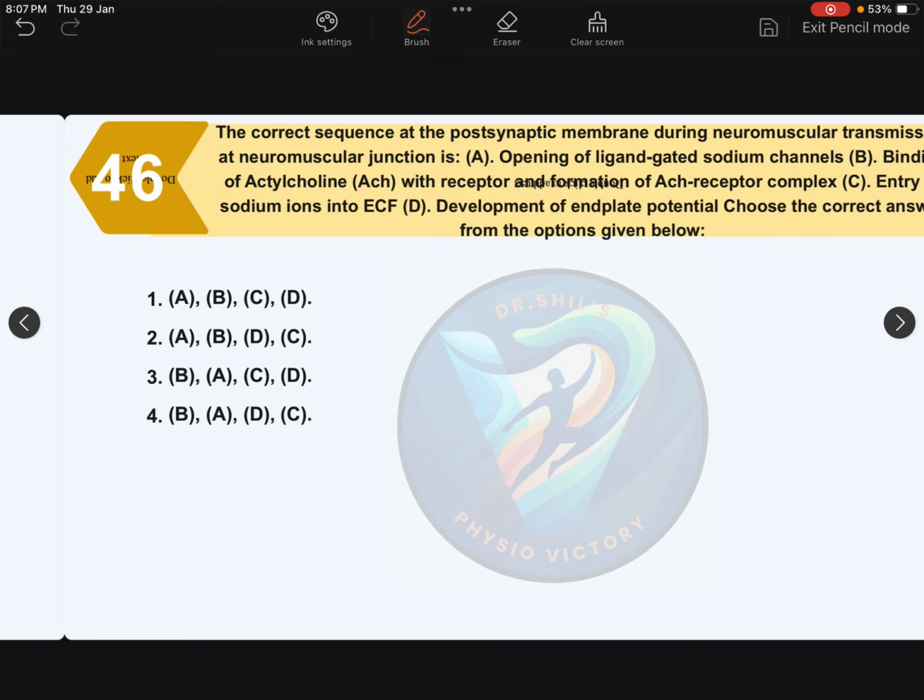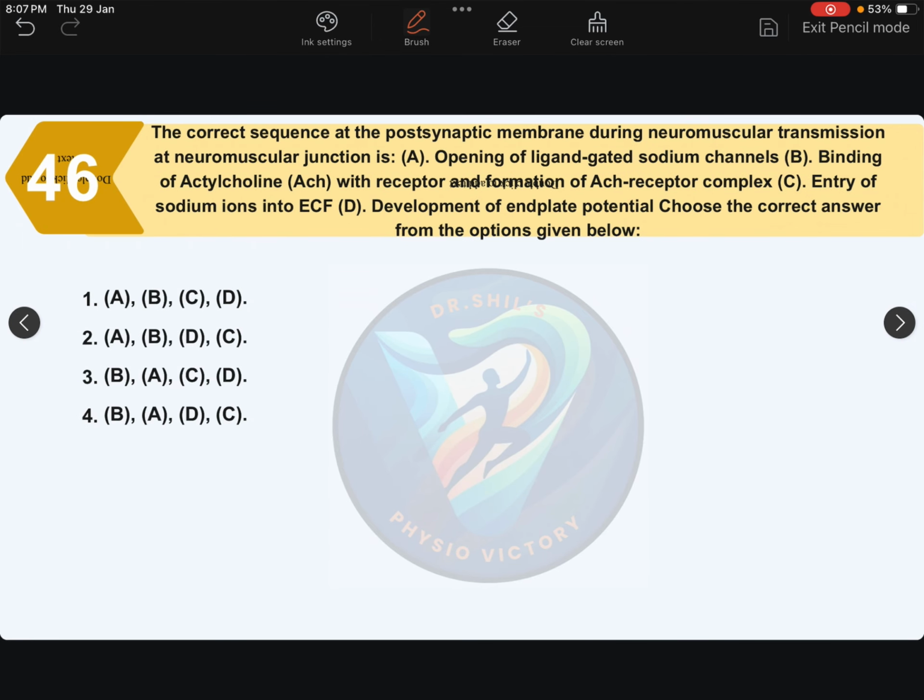Next, come to question number 46. The correct sequence at the postsynaptic membrane during neuromuscular transmission at the neuromuscular junction is, you have to arrange these in sequence. Option A, opening of ligand gated sodium channel.